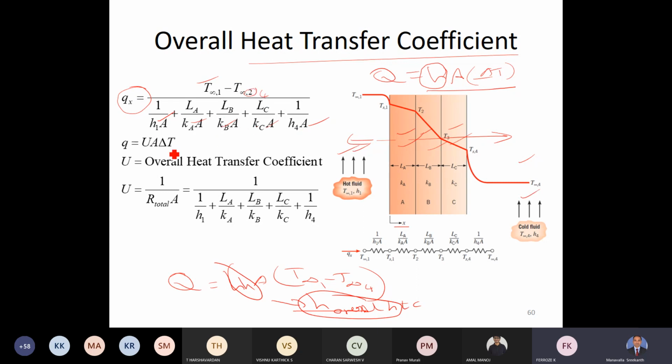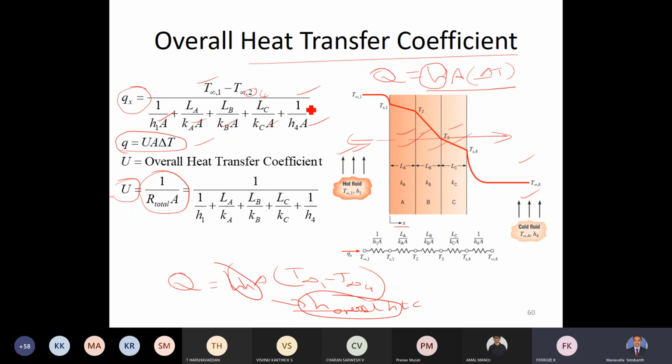So this we want to write in terms of this equation, where you see a new symbol. This new symbol is called the overall heat transfer coefficient. We use H for simply heat transfer coefficient, but U we call the overall heat transfer coefficient, and its meaning is similar to that of H. If you equate this with this, then you will see that the value of U is 1 by the total resistance multiplied by the area.